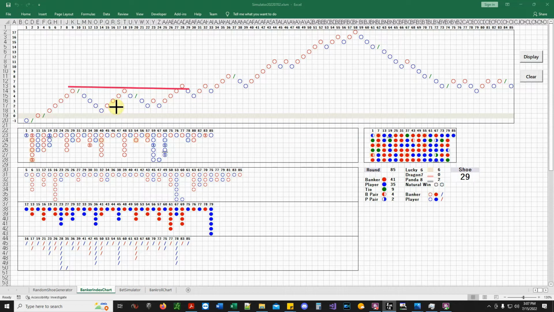Resistance is the ceiling. Anytime that particular play, whether it's banker or player, gets up to a particular point and turns around, that is called resistance. Notice here, it hit twice before it was able to break through.